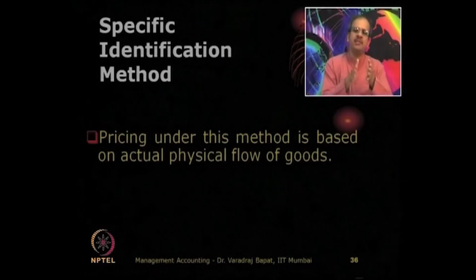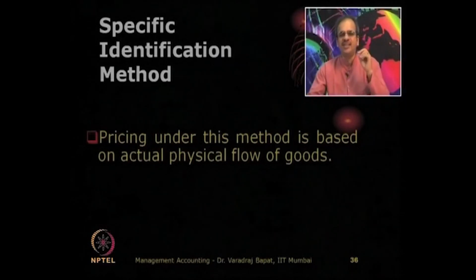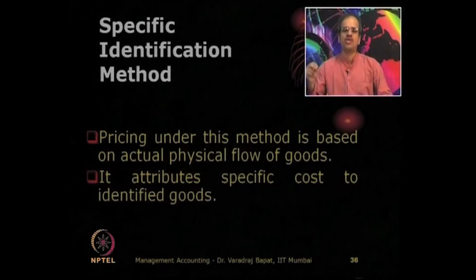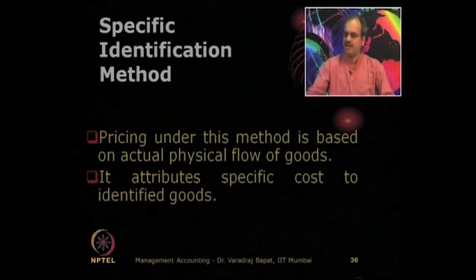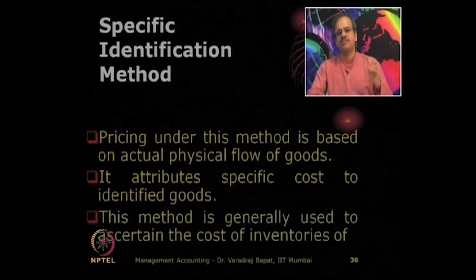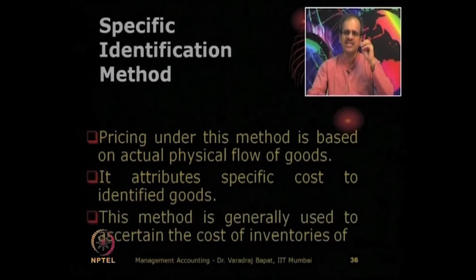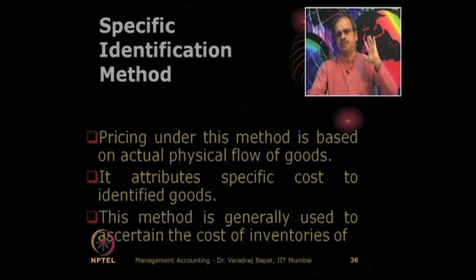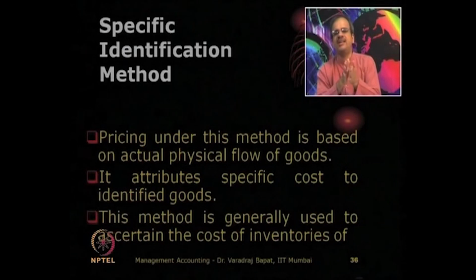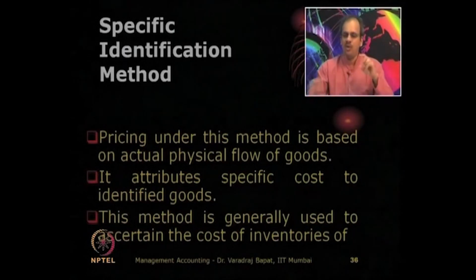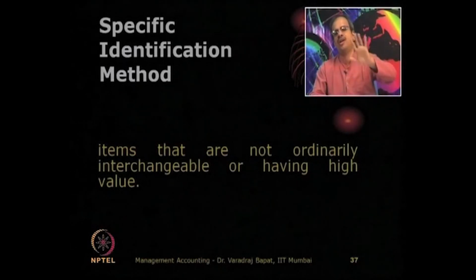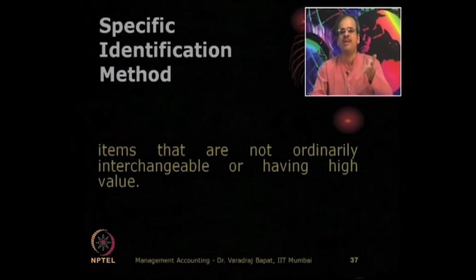Each item is specifically identifiable, so it is possible to attribute the cost of that item to that specific item. This method is the simplest and most systematic, because you allocate the cost of that item only to that item. However, in practice it is not possible for all items, because many items may be interchangeable.